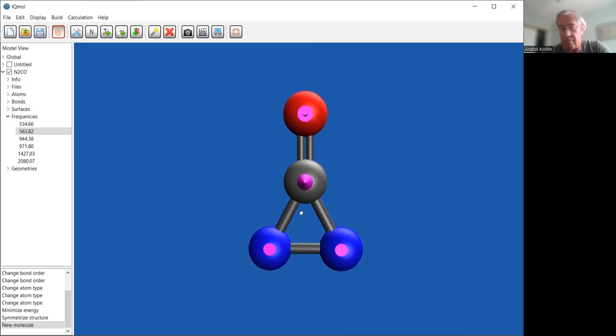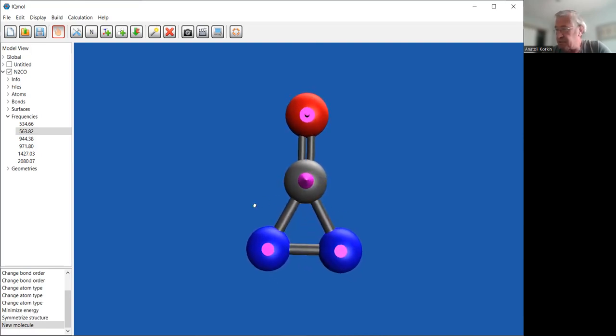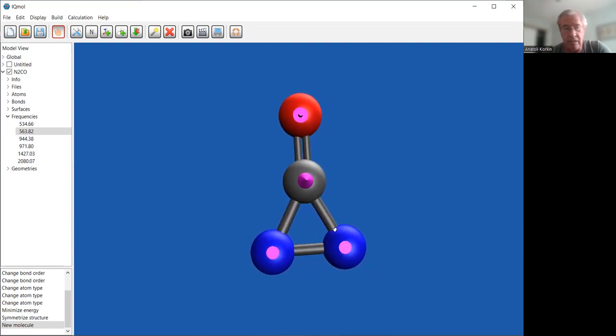Oh yeah, I made a mistake. So it's negative with regard to rotation along the axis C2, and it's also negative with regard to reflection in the molecular plane. So it's positive with regard to the perpendicular plane. So it's actually B2 type symmetry.